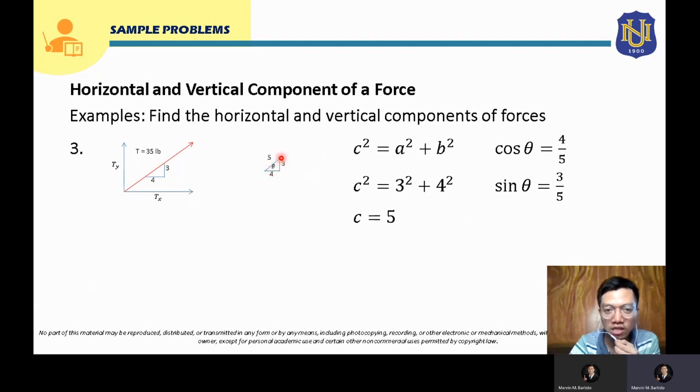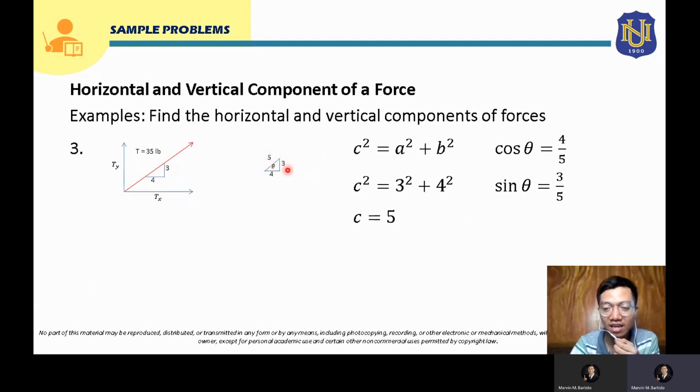So the 3 will be the opposite side of this triangle, and 4 will be the adjacent side. We have to solve for the third side of this triangle, the hypotenuse.